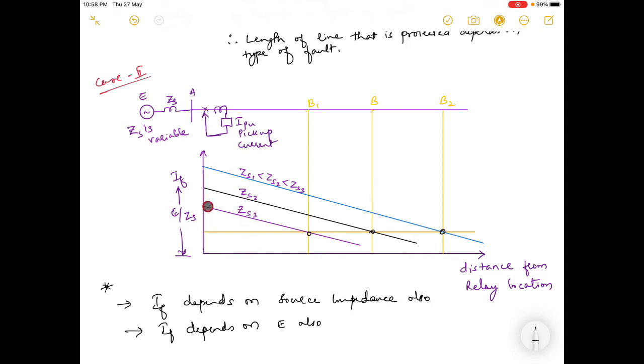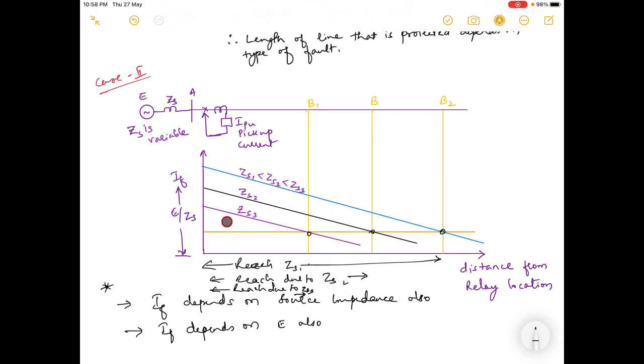For different ZS we have given, ZS1 is the least, so for that blue line, ZS2 is a bit higher than ZS1, so it has a bit less reach. This is the reach due to ZS1, then the reach due to ZS2, and this is the reach due to ZS3 up to here. Okay, so you got it.